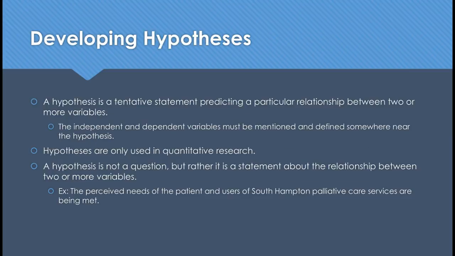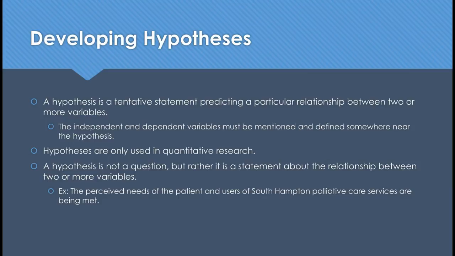If you go the route of developing hypotheses and you want to use quantitative data, it's important to know that a hypothesis is a tentative statement predicting a particular relationship between 2 or more variables. Typically, these independent and dependent variables must be mentioned and defined somewhere near the hypothesis in your literature review section, and hypotheses are used only in quantitative research. These statements really state what you want to accomplish or what you say your research is going to show.